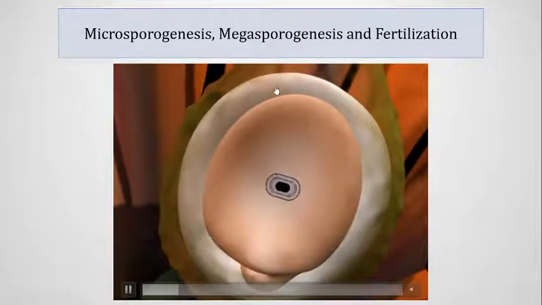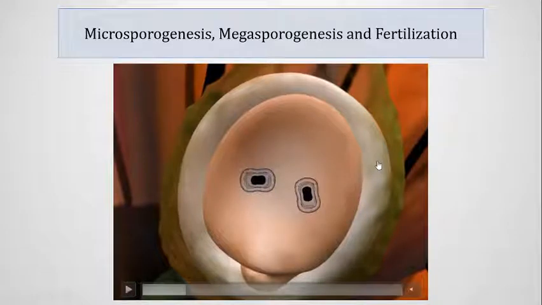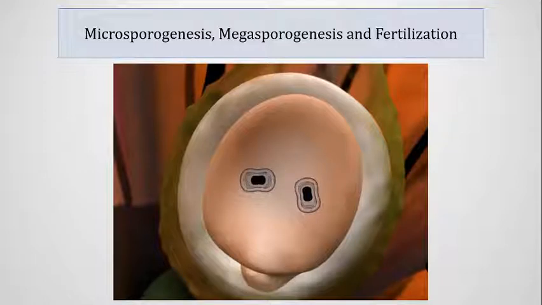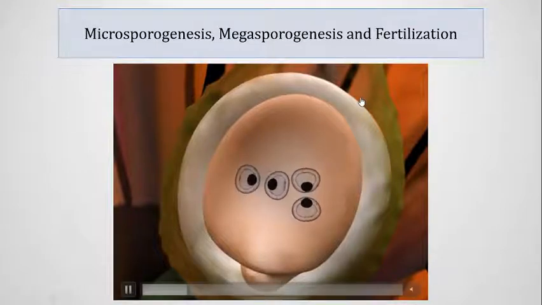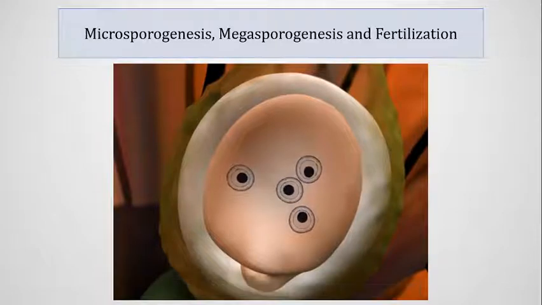So this white marked boundary part is called the ovule. We have said earlier that the ovule contains a single megaspore mother cell that undergoes meiosis to produce 4 megaspores. But among these 4 megaspores, 3 will get damaged and only 1 will survive.